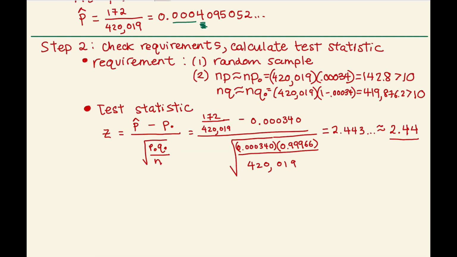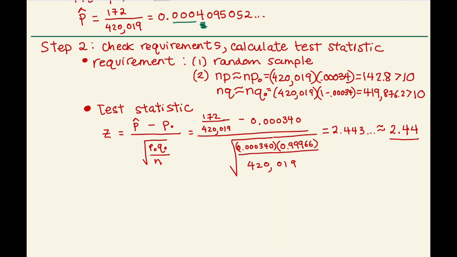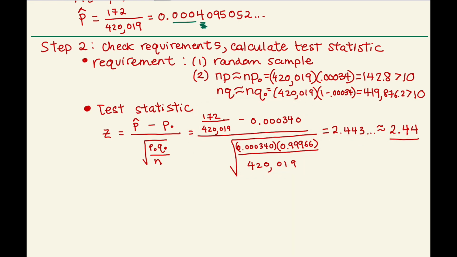The second thing I wanted to point out is something I've pointed out before. In the past, I've said you have to be very careful if you're going to round at any point in your calculation. My advice would have been to leave all of this in the form that it currently is and punch it into your calculator like that, so there's no rounding, only at the z-score would you round.